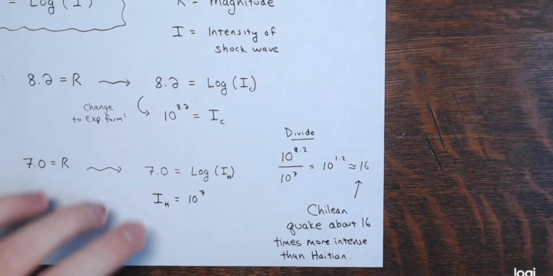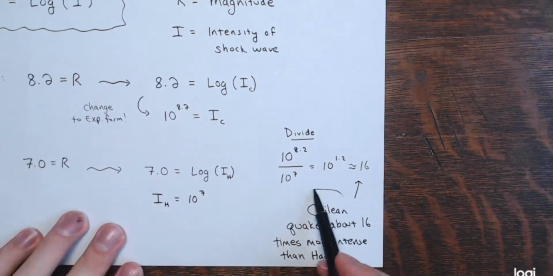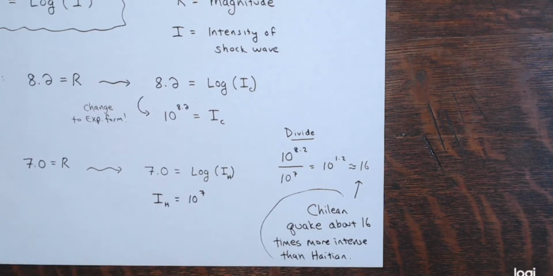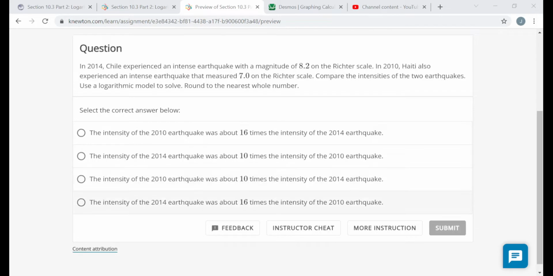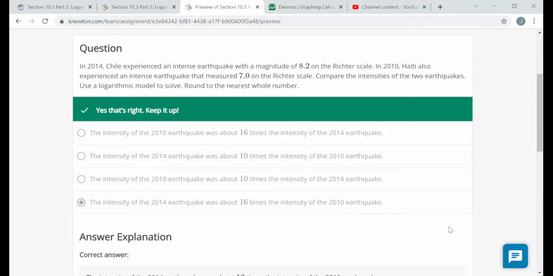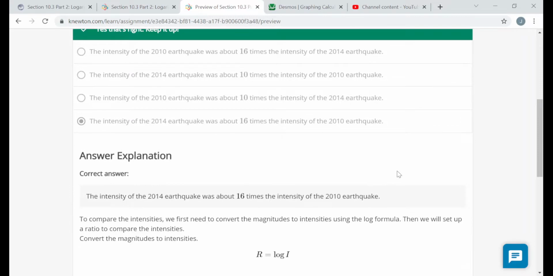And that's our answer, one of the choices. I think they say 2014 and 2010, but going back to the assignment, the intensity of the 2014 earthquake was about 16 times the intensity of the 2010 earthquake. So I hope all that made sense. Again, the model I used, r equals the log of I, was just something I found in the reading, in the more instruction for this particular section.